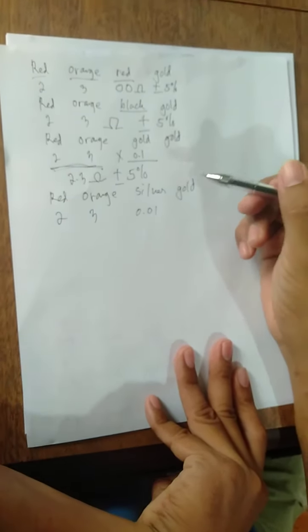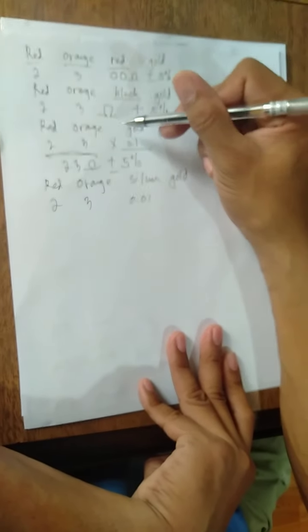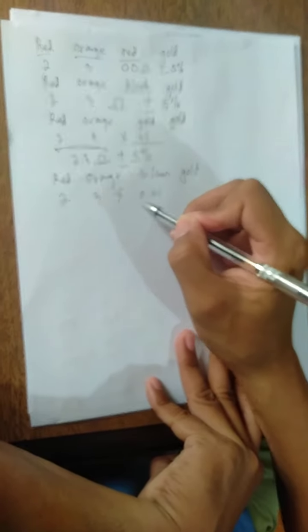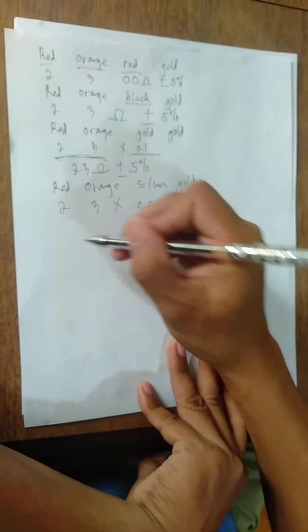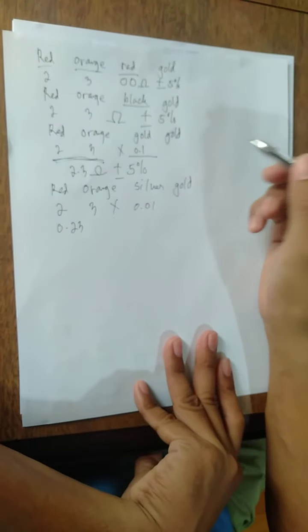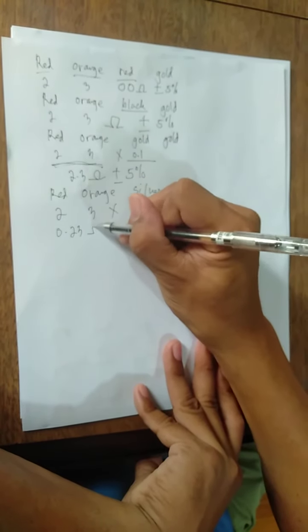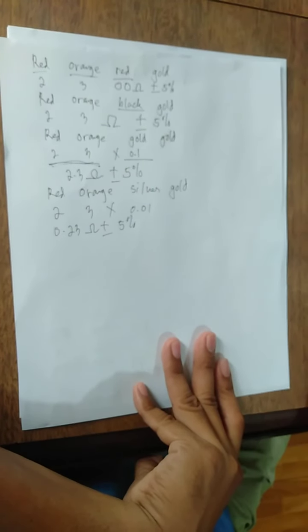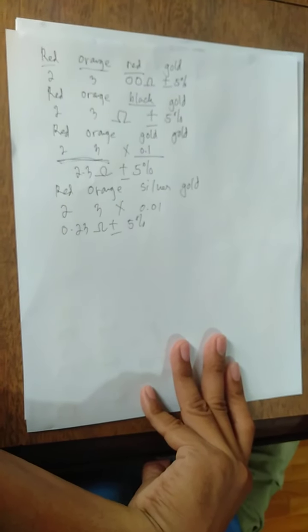So just like what we have done with the gold, you also multiply 23 times 0.01. So the answer is 0.23 ohms, positive, negative, 5%, which is the tolerance of gold.